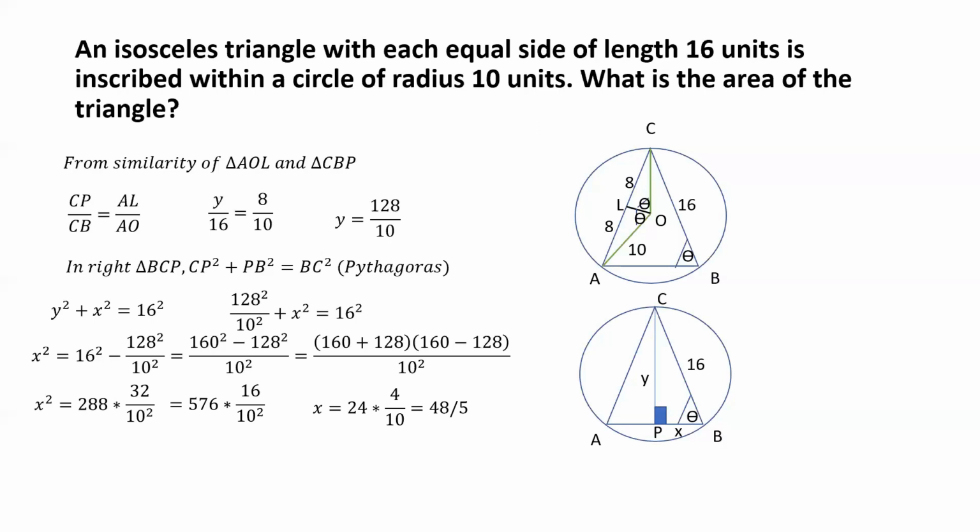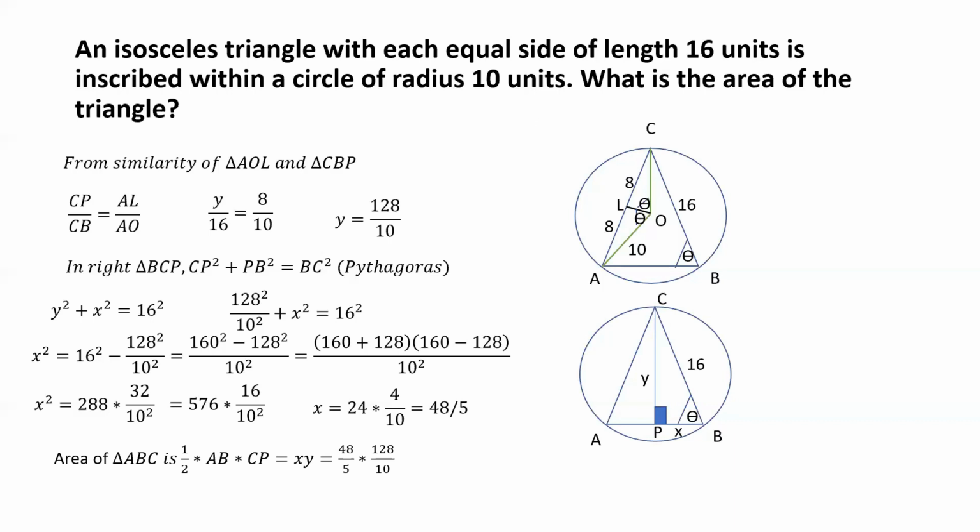Now, once we know x, and we have already calculated y, we can find the area of triangle ABC. AB is the base and CP is the altitude, so the area is half AB multiplied by CP.